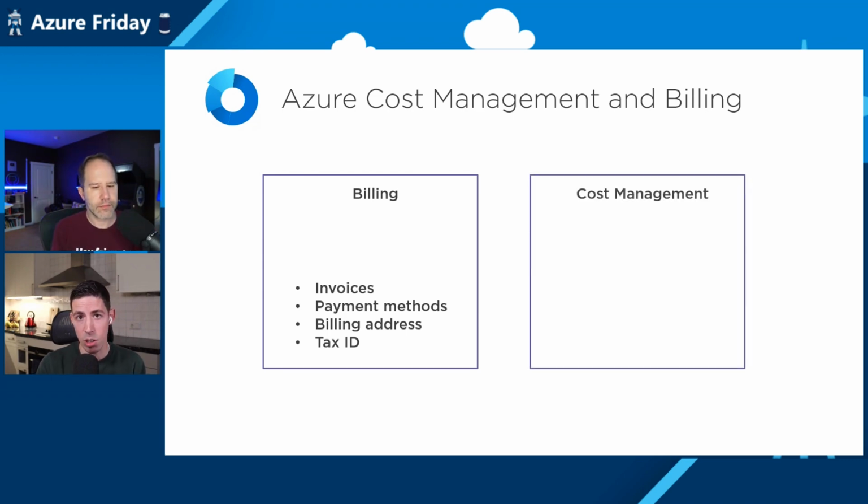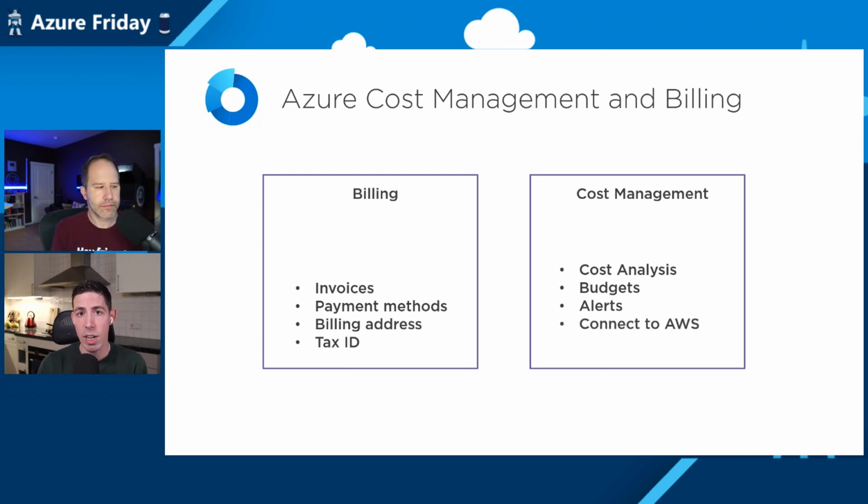But maybe more interesting for us in our scenario here is the cost management thing, where you have cost analysis, which I'll show in a second, in which obviously you can then analyze the costs of your Azure services, of the things that cost money in the cloud. You have budgets, which you can set and can create alerts. And then you can also have alerts, which have budget alerts, but also different types of alerts. I have a slide in a second that explains the difference.